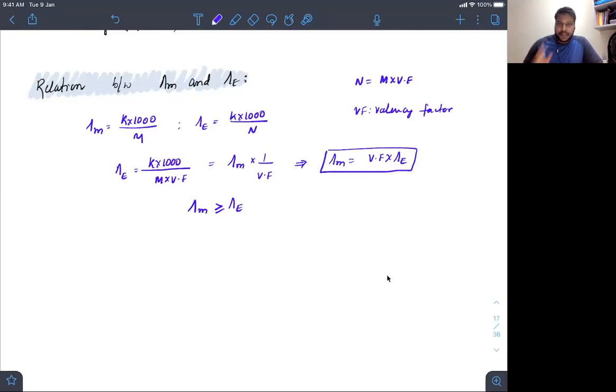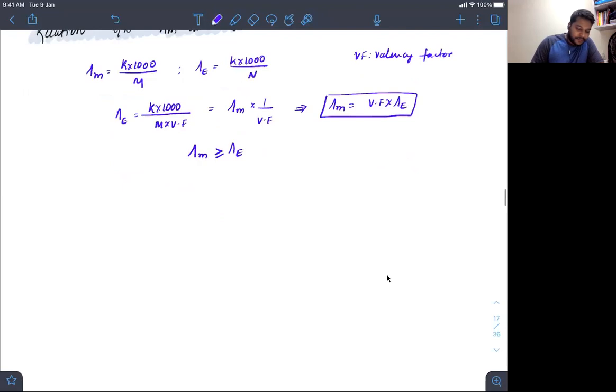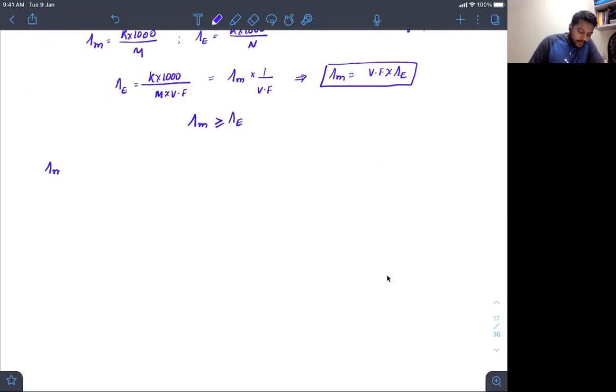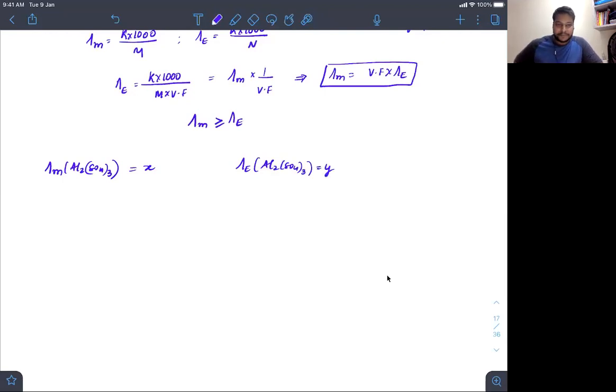Okay. Let me explain with an example. Look, I need to figure out lambda M of Al2(SO4)3. Let me put it as X. And I'm writing lambda E of Al2(SO4)3 as Y. Now, my idea is to relate both of them.